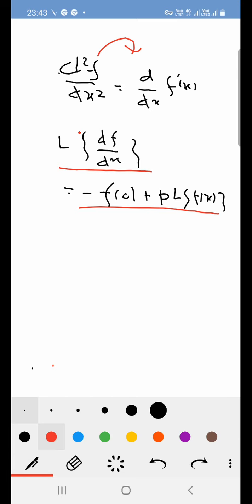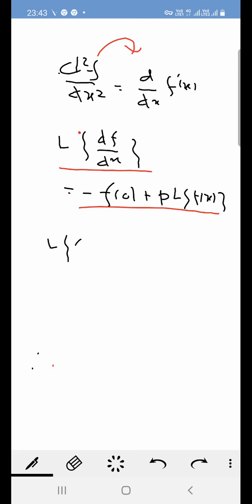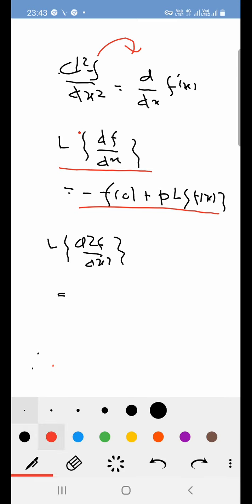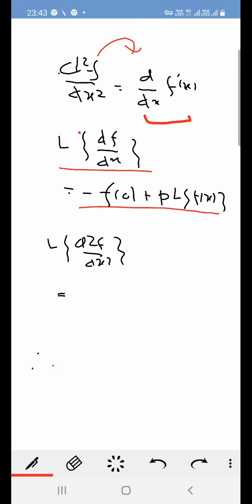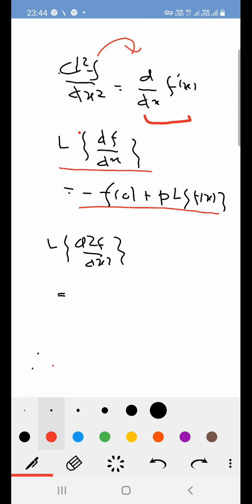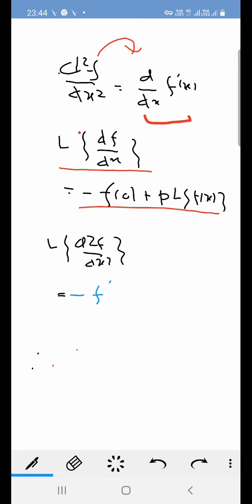So if we proceed, the Laplace transform of d square f by dx square is equal to, using this expression, minus f dash 0 plus p into the Laplace transform of f dash x.